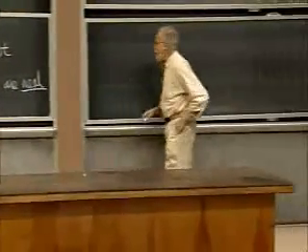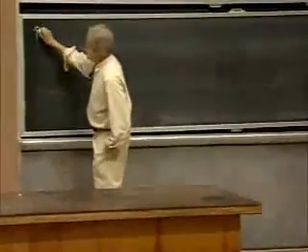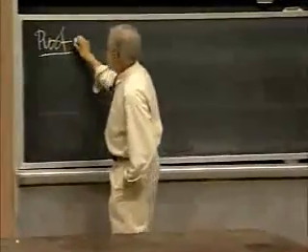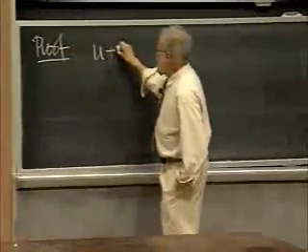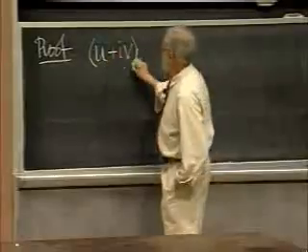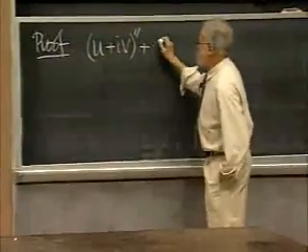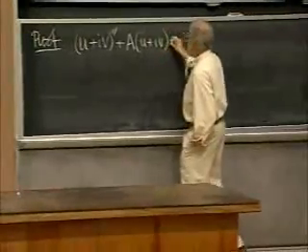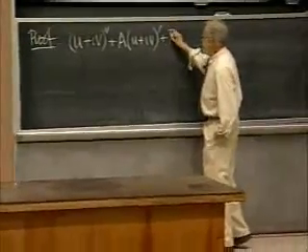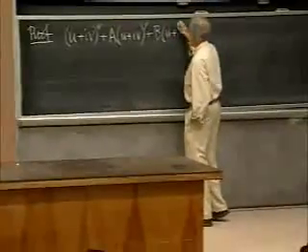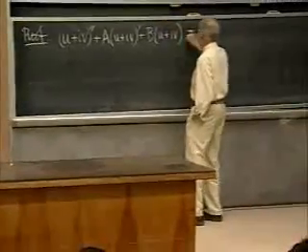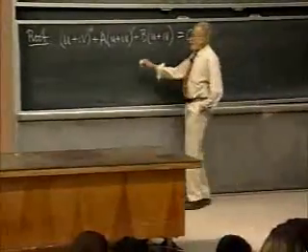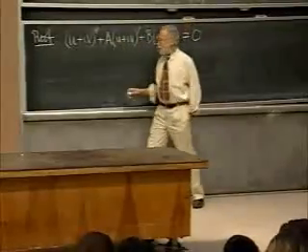Otherwise, it's certainly not. So the proof is, what does it mean to be a solution? It means when you plug in u plus iv into the equation, (u plus iv) double prime plus a times (u plus iv) prime plus b times (u plus iv), what am I supposed to get? 0. Well, now, separate these into the real and imaginary parts.